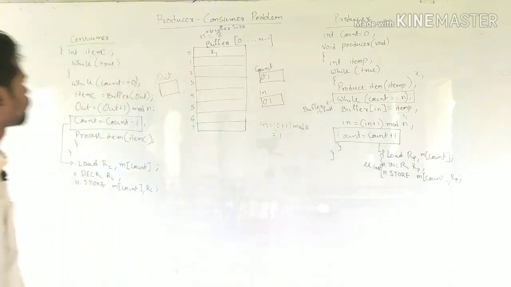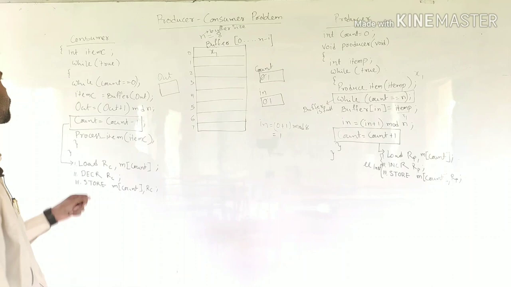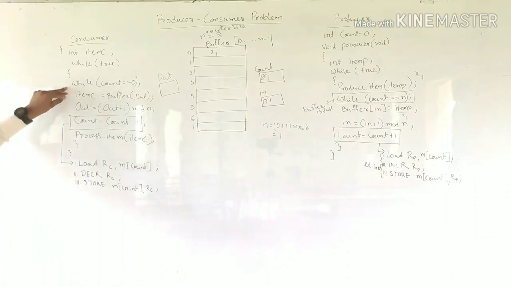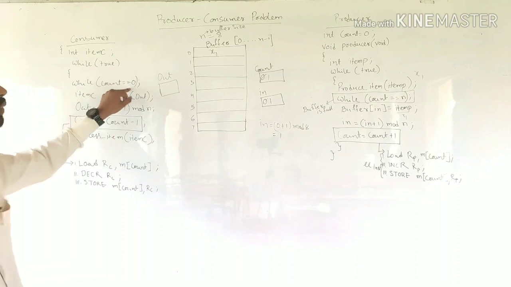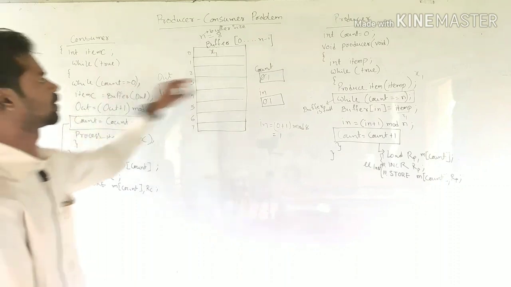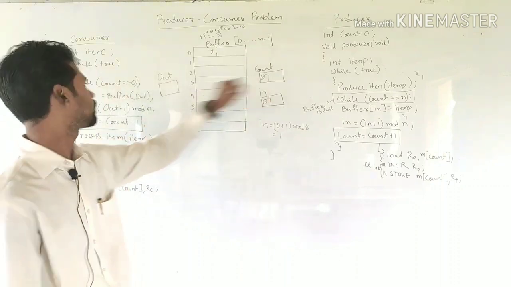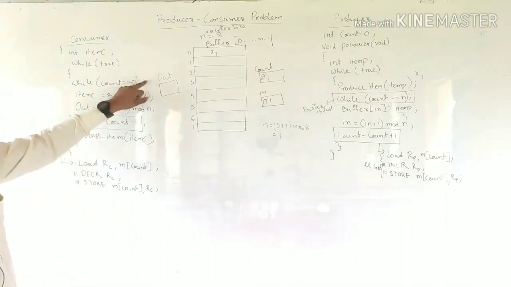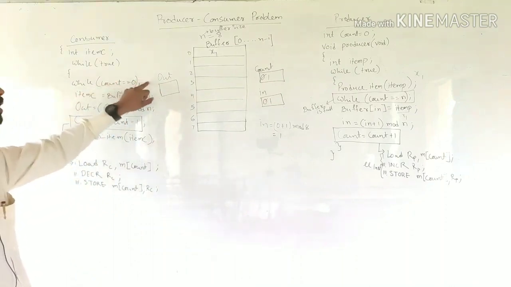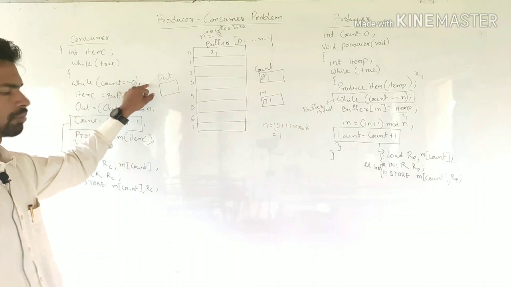Now check for consumer. Int item C, while true, while count equal to 0. Now count is what? 1, so this statement will be false. If count is 0, then this will be a self loop.